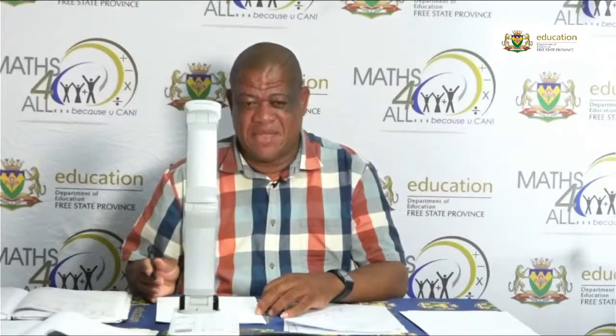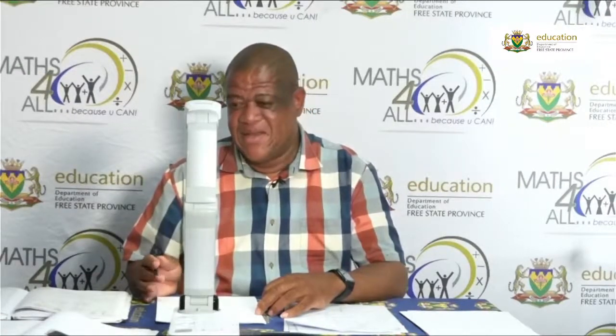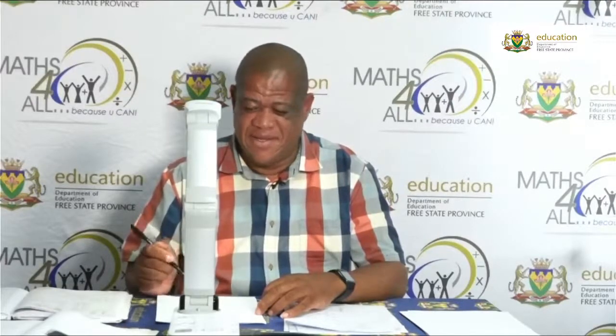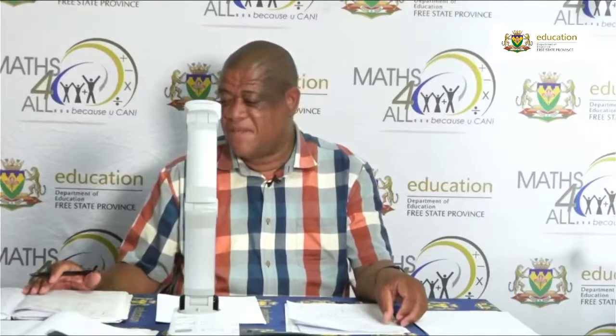But I said there is an expression that must be used. I want you to give me that expression that must be used in describing the nature of the roots without solving. Give the expression that is to be used to determine the nature of the roots without solving.